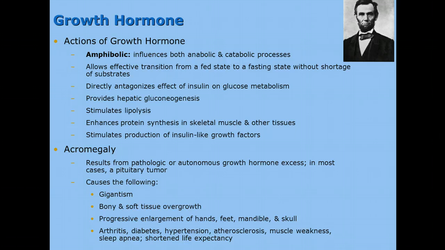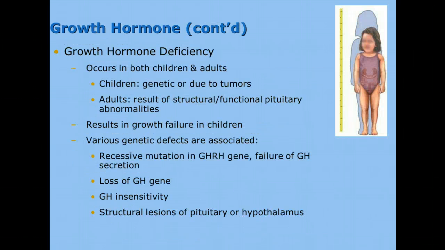But unfortunately, we do see arthritis, diabetes, hypertension, atherosclerosis, muscle weakness, difficulty sleeping or sleep apnea, not being able to breathe at night, and a shortened life expectancy. I think a lot of men end up with enlarged hearts and things like that, which I believe Abraham Lincoln did have some of those issues.